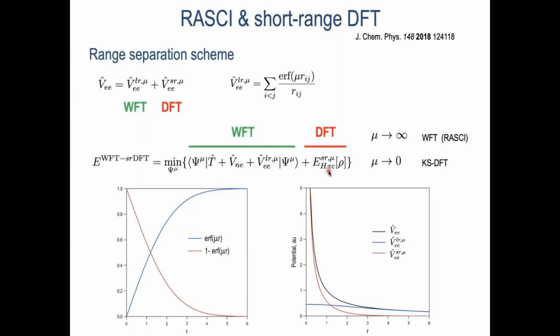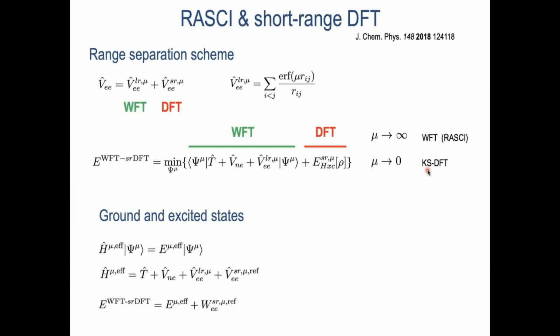And the separation between long and short range, wave function and DFT, is controlled by this range separation parameter, that when it goes to large values, towards infinity, we recover the wave function, in our case the RASCI wave function, and if it goes to 0, we recover, or we should recover, a Q-Chem DFT energy. And this method can be used for the ground state, but also for the excited states.